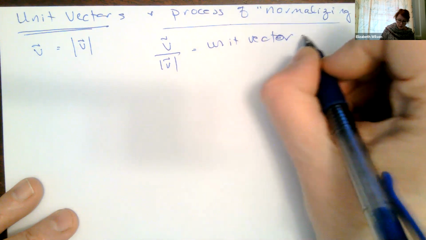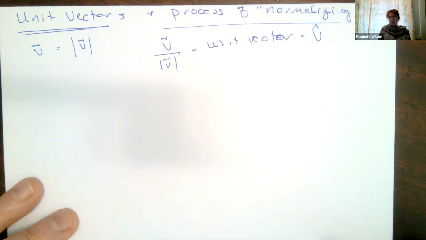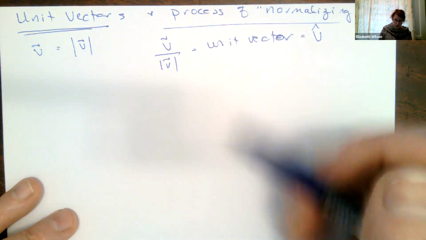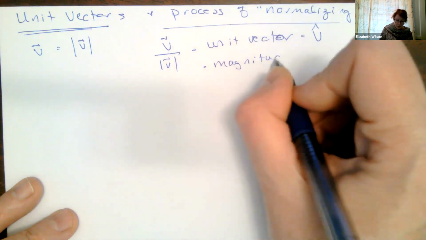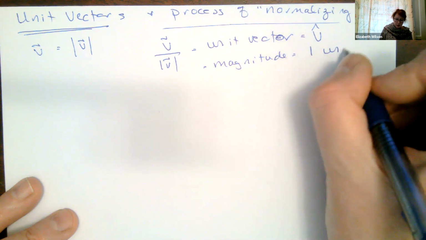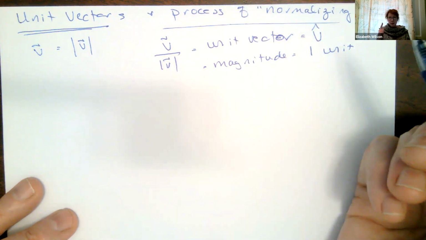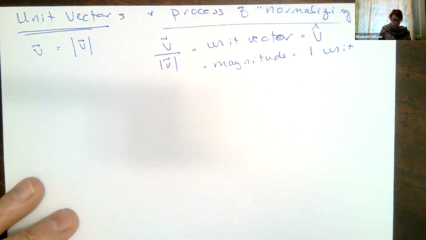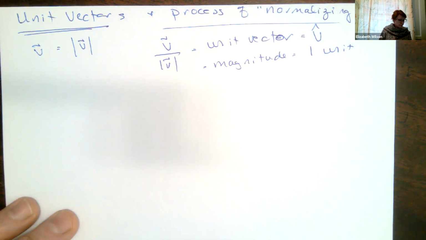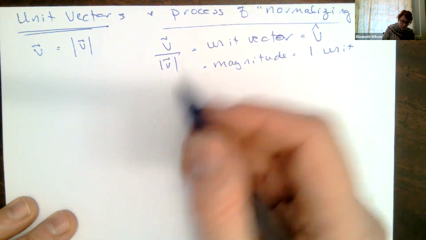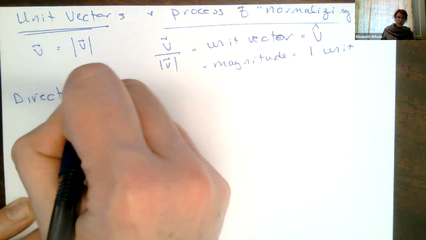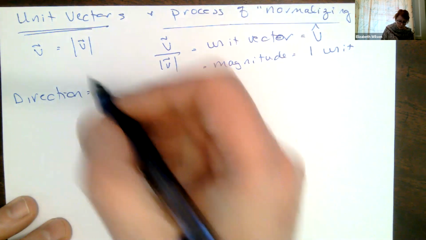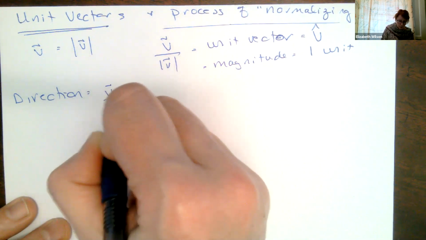Sometimes we call this v hat. You can just call it a unit vector, it's fine. This has magnitude equal to 1 unit. That's why we call it our unit vector, it has magnitude equal to 1, okay? I normalize it by its own magnitude. So this also is the mathematical definition for calculating the direction of a vector.